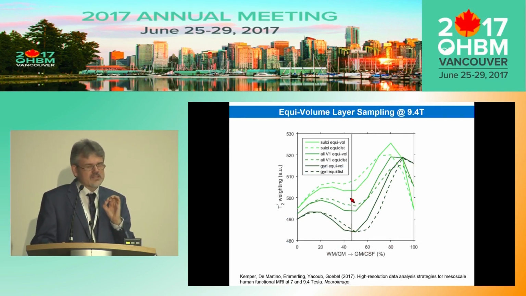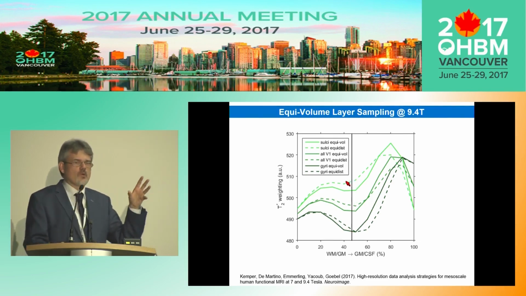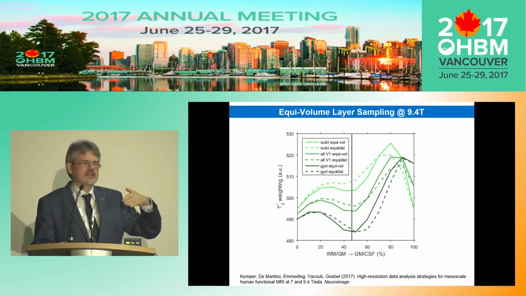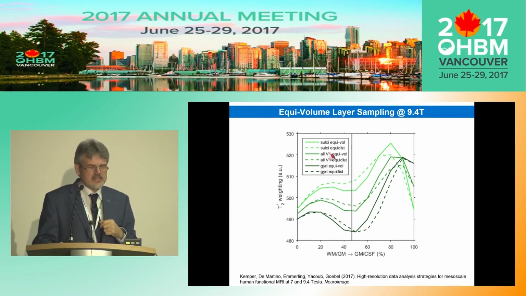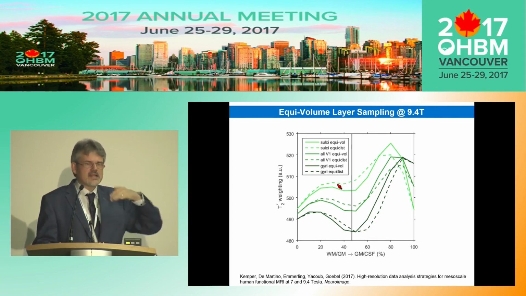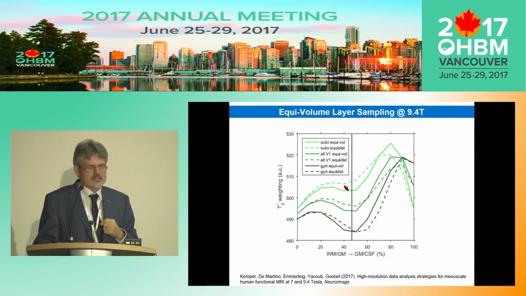And now comes the interesting lesson. If we use the wrong approach, which we actually used for some of our earlier work, the simple equidistance sampling, you get a mislocalization, at least in high-curvature cortex. In the gyri and the sulci, you mislocate the deepest point, which are the stippled lines here and here, too far left or too far right, so not in the middle of the cortex.